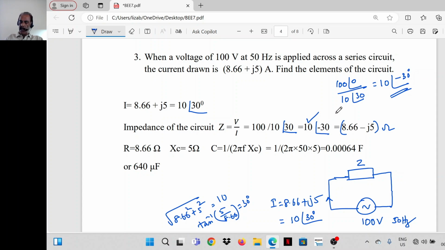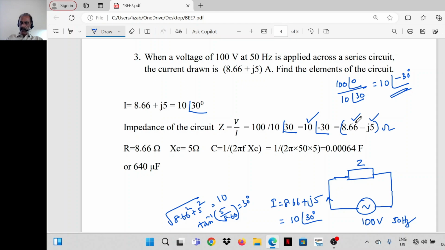Converting to rectangular form, it is 10 into cos minus 30 plus j 10 into sine minus 30. Sine of minus 30 is minus sine 30.